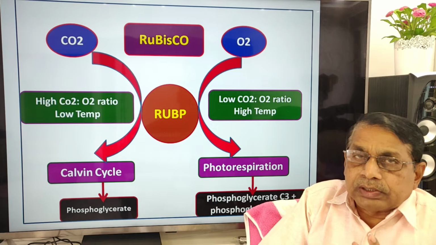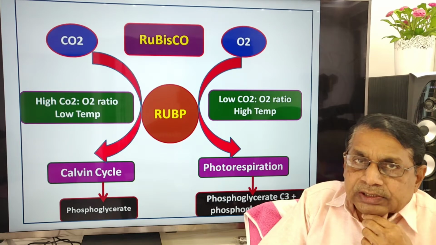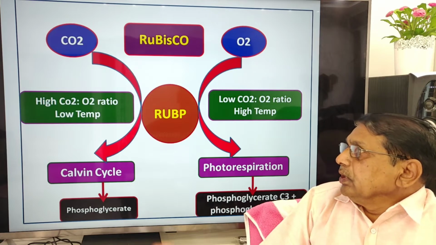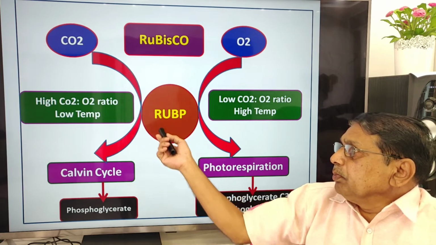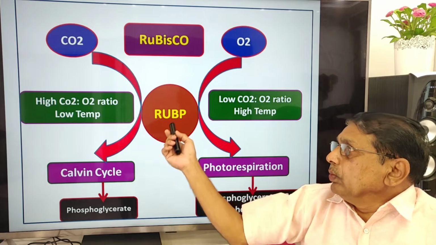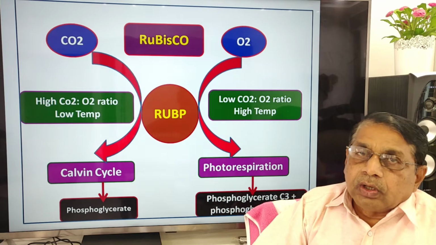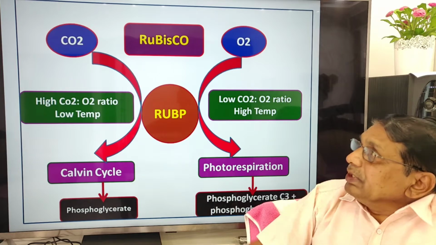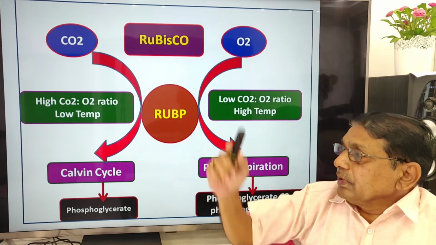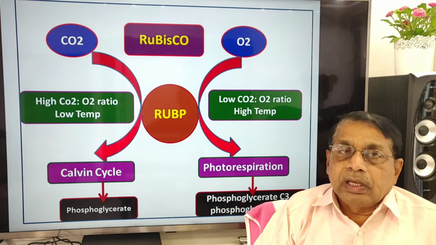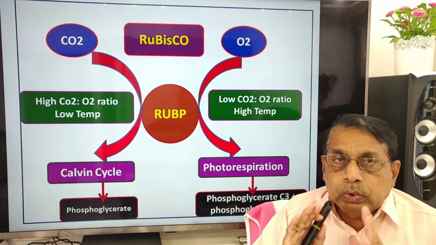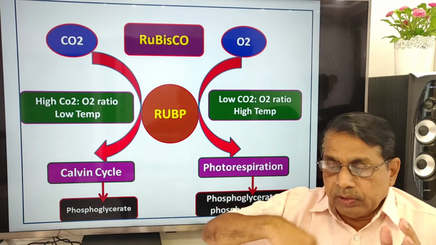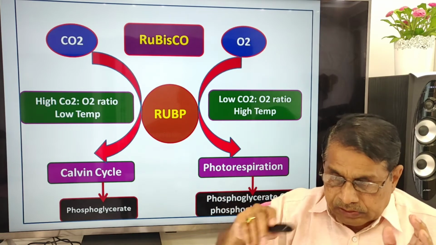Now you can understand why photorespiration takes place in chloroplasts simultaneously with the Calvin cycle of reactions. This is RuBP carboxylase, or Rubisco. This molecule has two active sites.